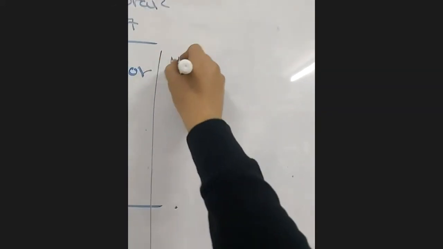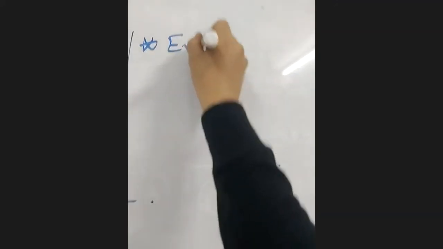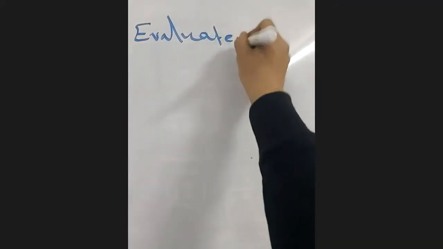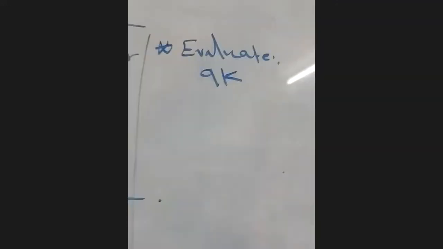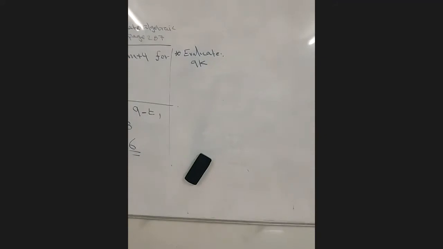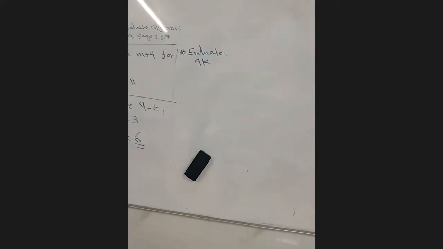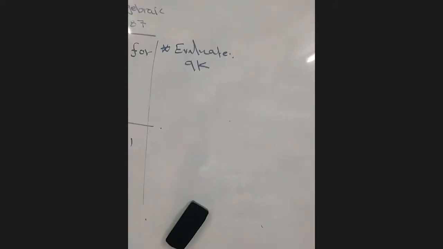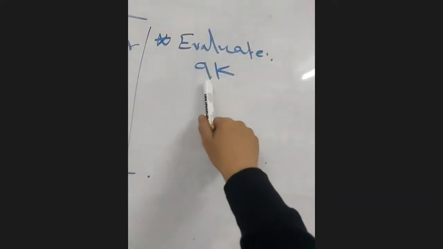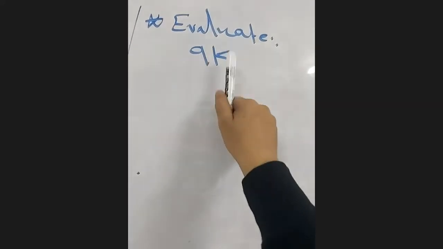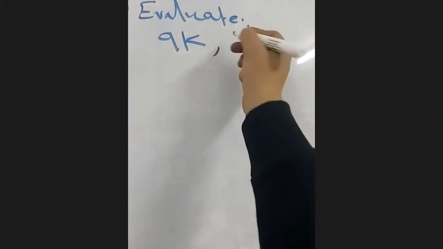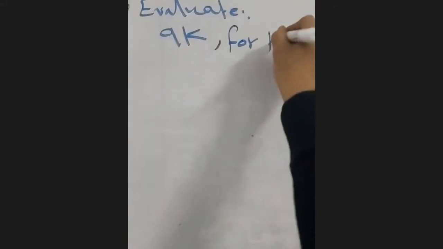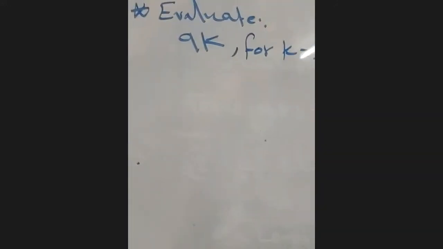For example, look here. Evaluate 9k. Focus with me. 9k. In the previous lesson, we said 9k means 9 multiply k. But here I don't know the value of k. The question will add information for k equal 3.